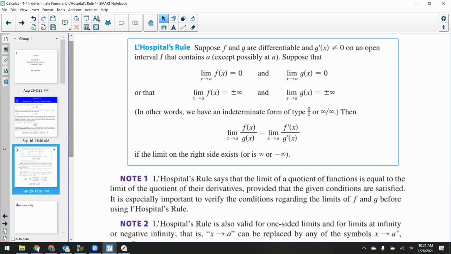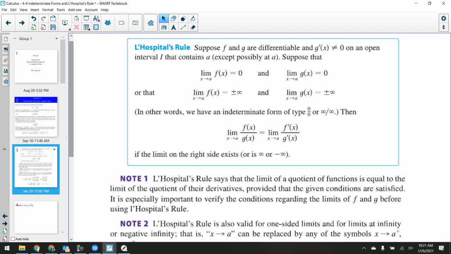Just make sure that the premise, the hypothesis, is fulfilled. You can't do L'Hopital's rule if it's not indeterminate. It's got to be indeterminate for you to be able to do L'Hopital's rule.